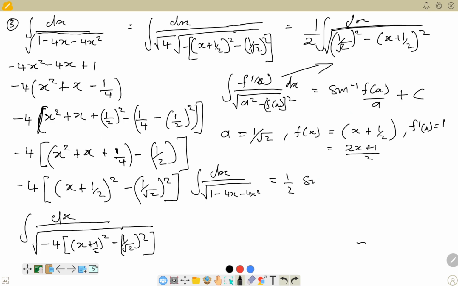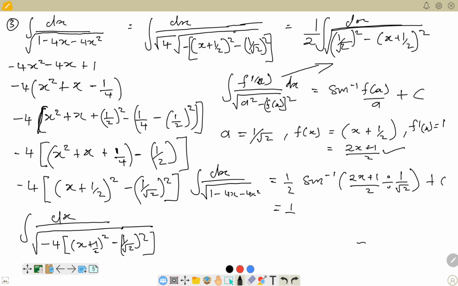Then I will have arcsine, my f of x, I said is 2x plus 1 divided by 2 over a. My a is divided by 1 over square root 2. So this is why I chose to write it in this form, so that when I get to this part, it's easier to simplify when it's written in that way. So in most of the cases where we are having this type, we can rearrange them in that way.